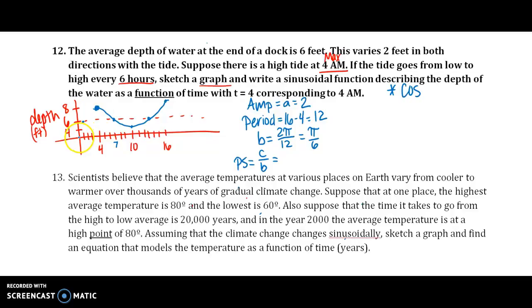But we see a 4-hour shift, so our phase shift, that distance from the y-axis to that max horizontal distance, is 4. And then the vertical shift, which is represented by d, we look at the midline. And the midline normally would be on the x-axis, which would be a y value of 0. However, on the midline, all of the points on the midline have a y value of 6.